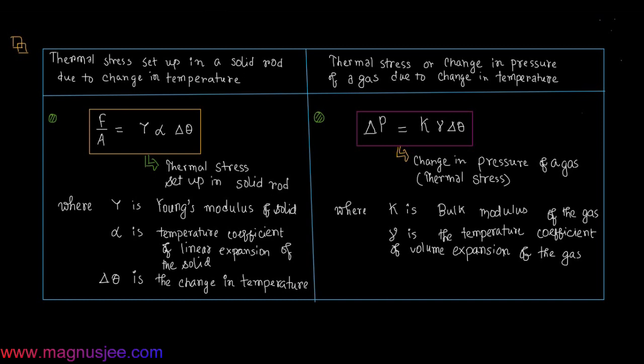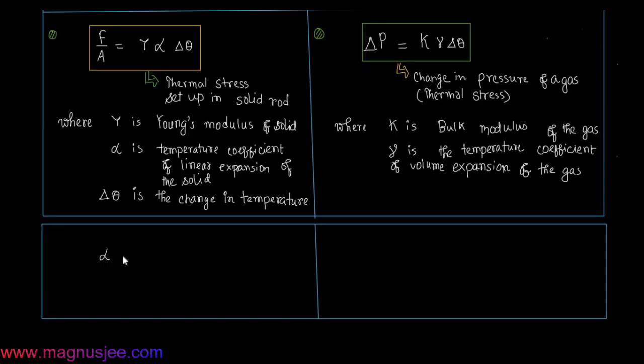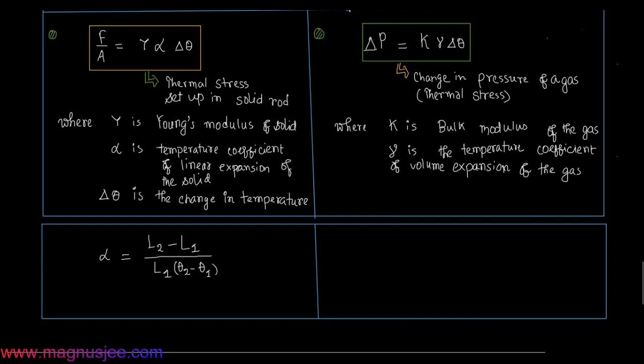And now we can write down the relation between gamma and alpha. F by A is the thermal stress, which is equal to Young's modulus Y, alpha and delta theta. And delta P is change in pressure, which is numerically equal to the product of K, gamma and delta theta. Now we can write down the expression of temperature coefficient of linear expansion, that is alpha equal to L2 minus L1 divided by L1 under bracket theta 2 minus theta 1.